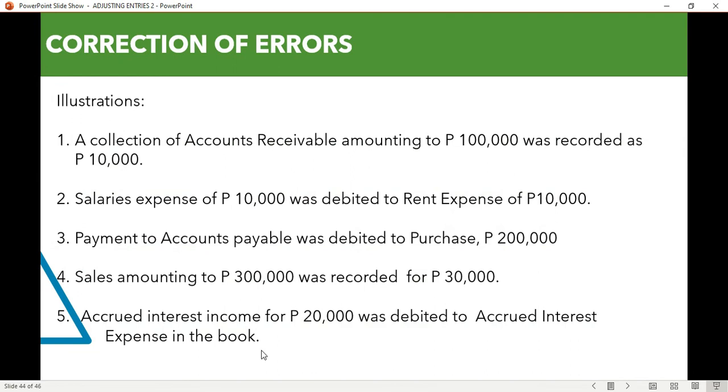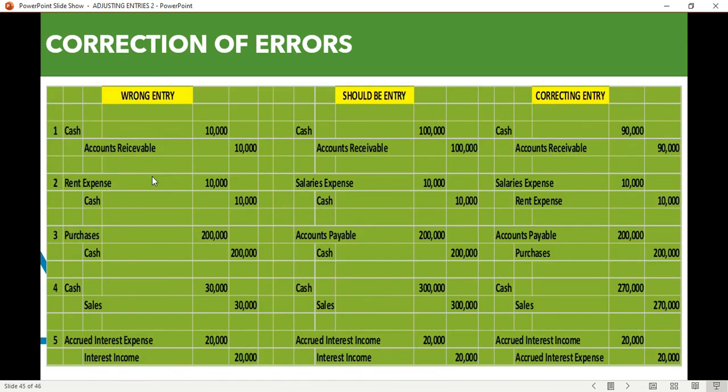Then number 5: accrued interest income of 20,000 was debited to accrued interest expense in the book. So this is the wrong entry: debit accrued interest expense 20,000 and credit interest income 20,000. The correct entry should be debit accrued interest income 20,000 and credit interest income 20,000. So just compare. We have the same amount, so we have the correct amount, but the problem is we have the wrong debit.